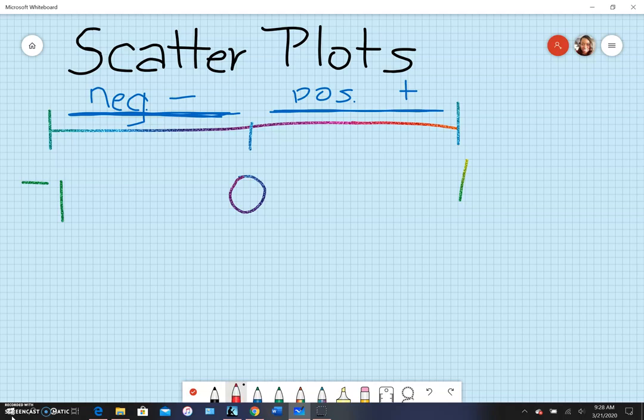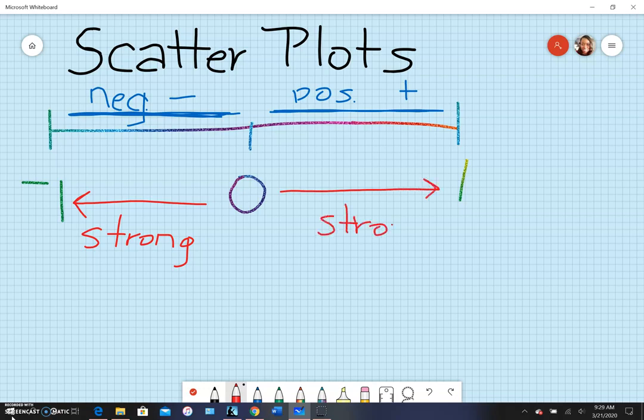Now, to determine the strength of your correlation, the closer your number is this way, the stronger it is negatively. As such, the closer it is this way, the stronger it is positively. If it falls close to 0, it is weak.